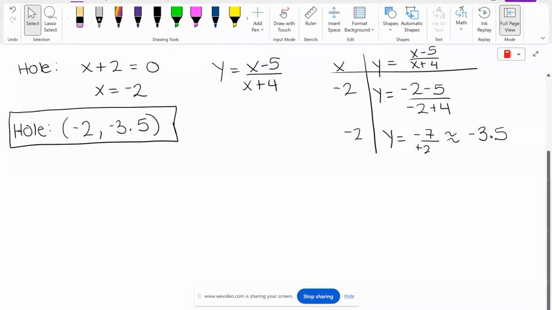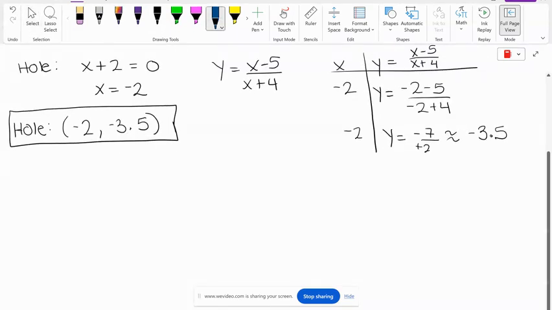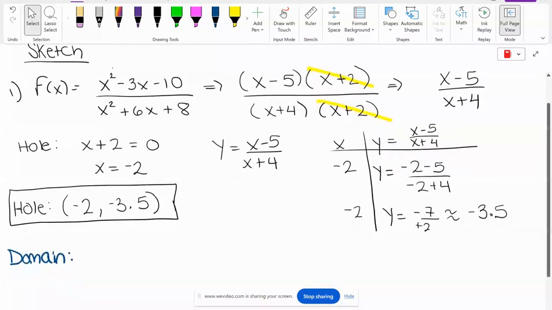Okay, so we went straight to the hole because we saw that it canceled out and we didn't want to forget, but what do I have to go back to now? The domain first, yeah? So out of all the ones that we do, like the domain, the vertical asymptote, all of that stuff, the only ones I use the original for are the domain and the hole, because we cancel those out, right?